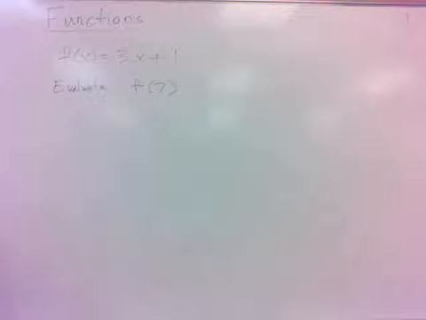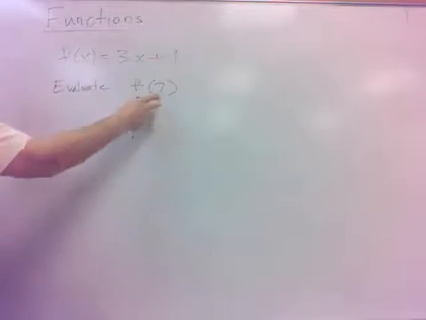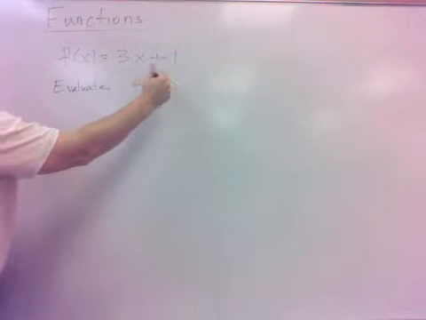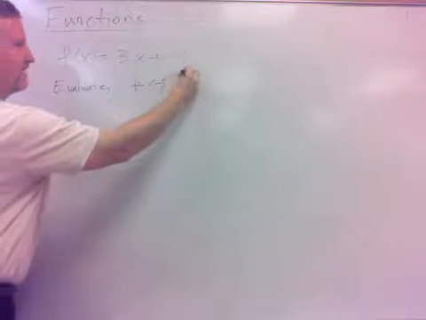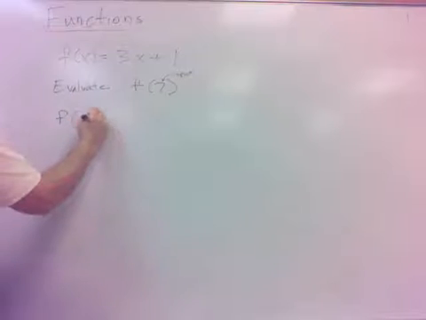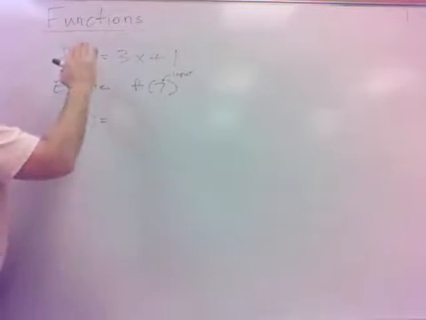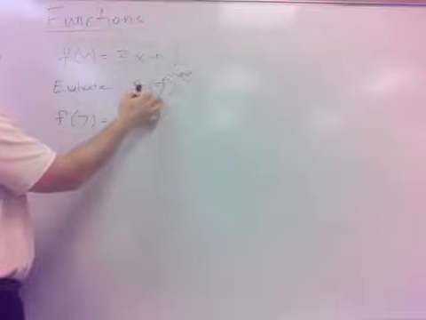What you have to understand is what this means. This is, again, the name. This is the input. So what is this telling me? The input value is going to be 7. X being the input value, I'm going to input the value of 7. Well, what does that mean? Like I've done here, x is replaced by 7.